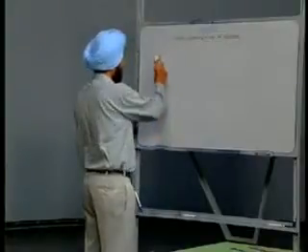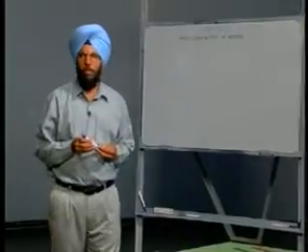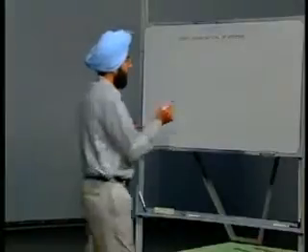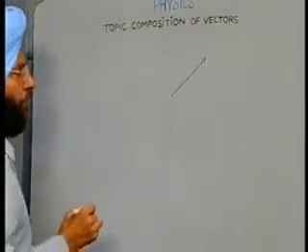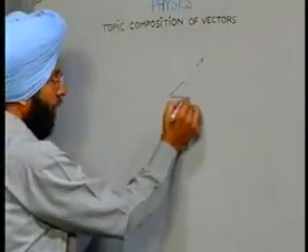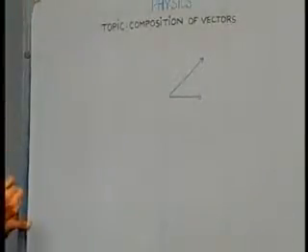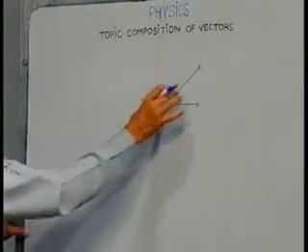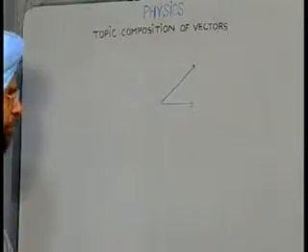We have defined resultant as a single vector that can give us the effect of more than one vector. Now, if we have one vector A, we want to find two vectors for which this single vector can stand. The single vector is to be divided into two vectors that give its effect when taken together.